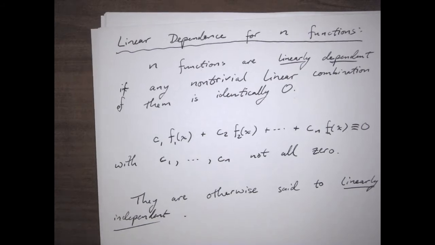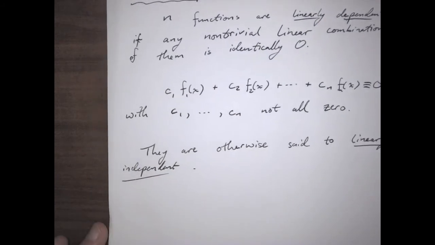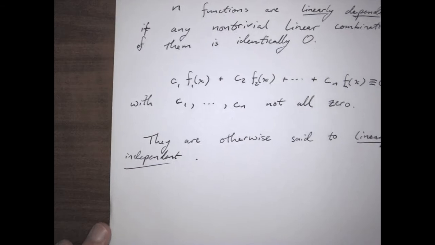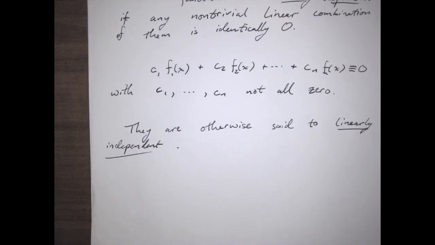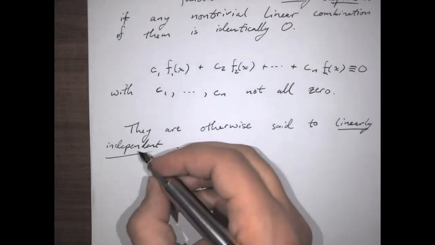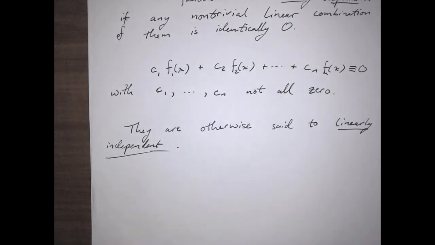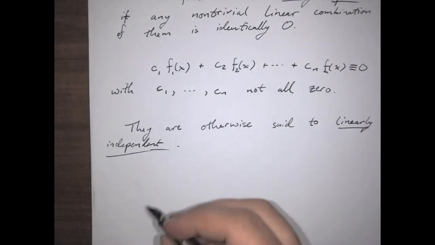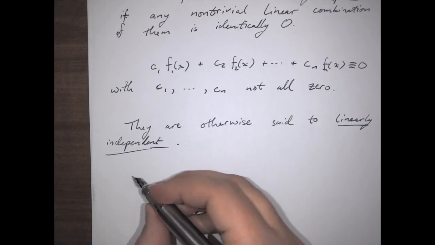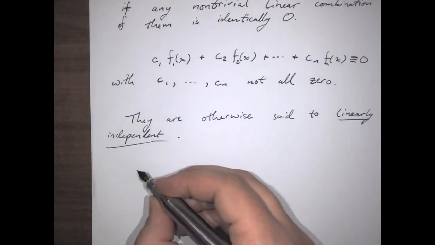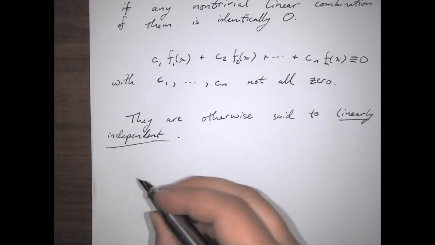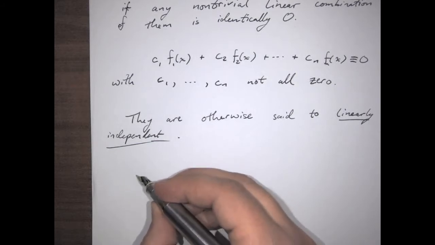Now there's a test for linear dependence of functions. We're not going to make explicit use of it very often. We'll more or less actually just rely on our intuition more than anything else for determining whether functions are linearly independent of each other. But there is a test. It's called the Wronskian determinant for linear independence.